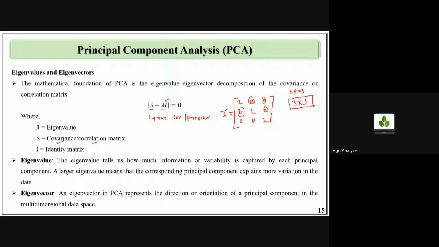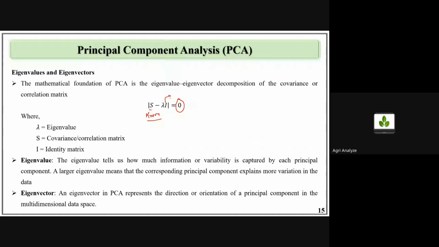In this equation we know the variance-covariance matrix, and we know the identity matrix.